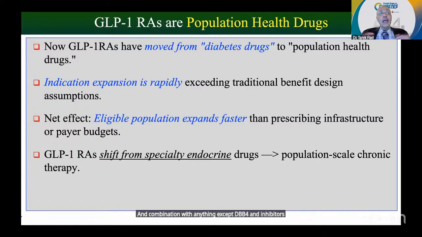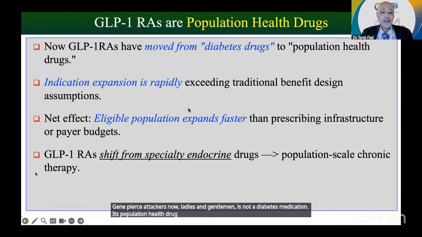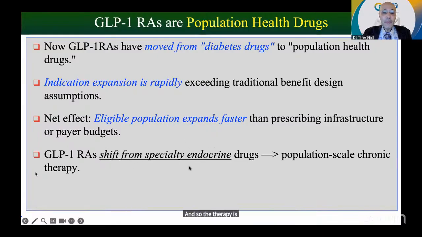So GLP receptor agonist now, ladies and gentlemen, is not a diabetes medication. It's a population health drug. Indications are rapidly expanding. Eligible population for the therapy is rapidly expanding. And so the therapy is moving from the endocrine specialty to population scale chronic therapy.